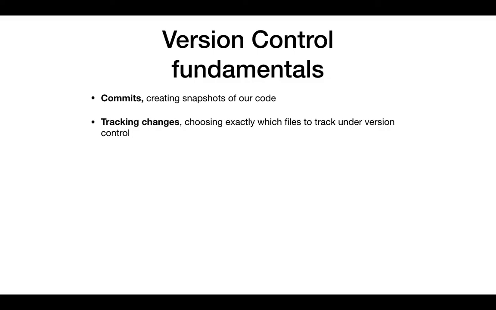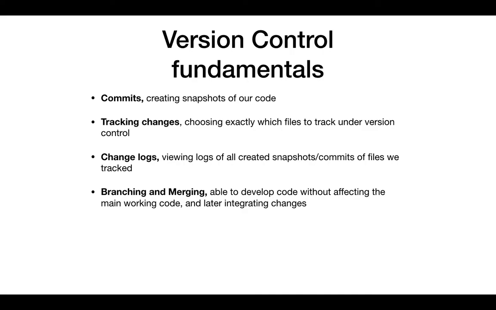I'm able to choose exactly what files I want version control to keep track of, such that we can create commits and snapshots for that code. And as a result, because I'm creating multiple commits for the same files, I'm able to view change logs and a series of commits of all the changes we made, all the snapshots we made for our code.